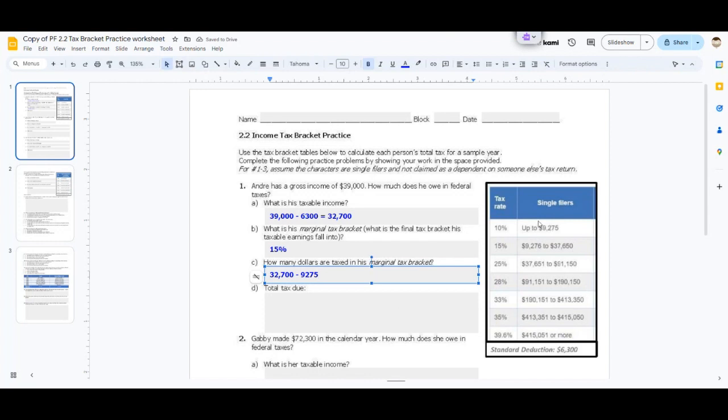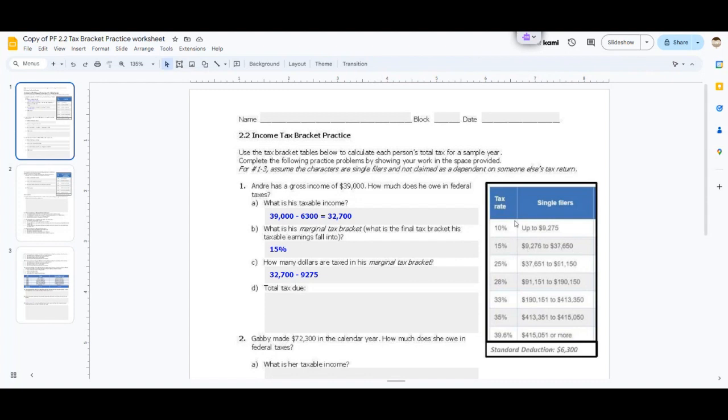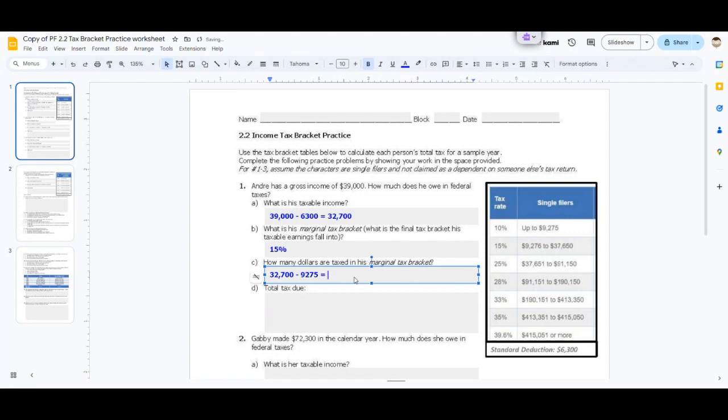So we're not going to tax those $9,275 at 10% and 15%. Those dollars that fall into that range will always only be taxed at the lower rate. Only the dollars that fall into this range will be taxed at 15%. So we're taking the last taxable dollar that he earned minus any dollars that were taxed at a lower rate. In other words, this 9,275. So 32,700 minus 9,275 is 23,425.